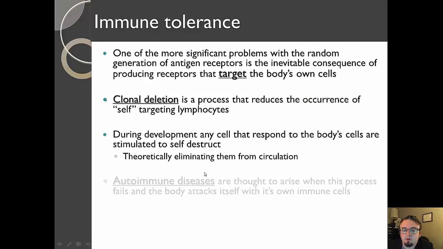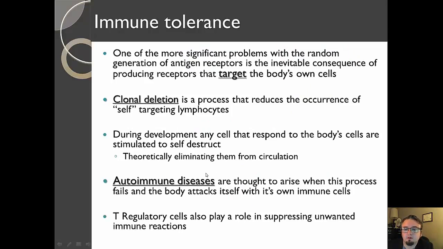Okay? Now, another part of the developmental process is in relation to what's called immune tolerance. One of the drawbacks to the random assortment of genes and the random generation of lymphocyte receptors is that you may randomly create a combination that can actually target the body. So just to clarify something, an antigen is something that's relevant.